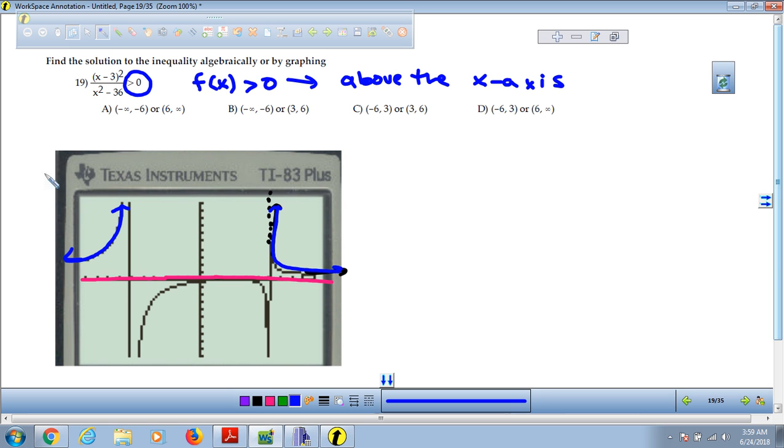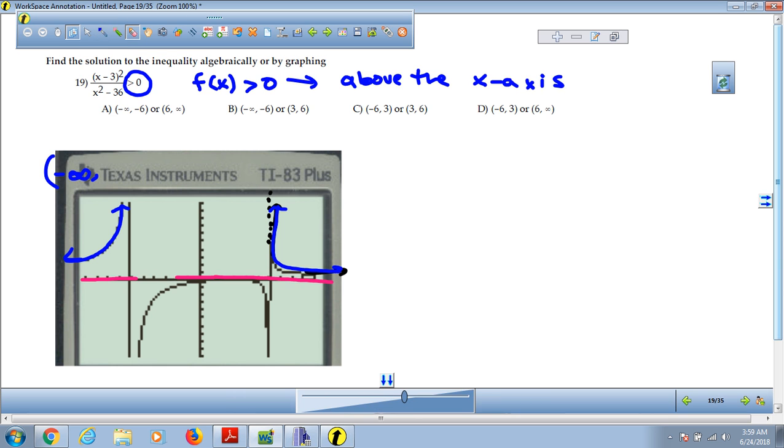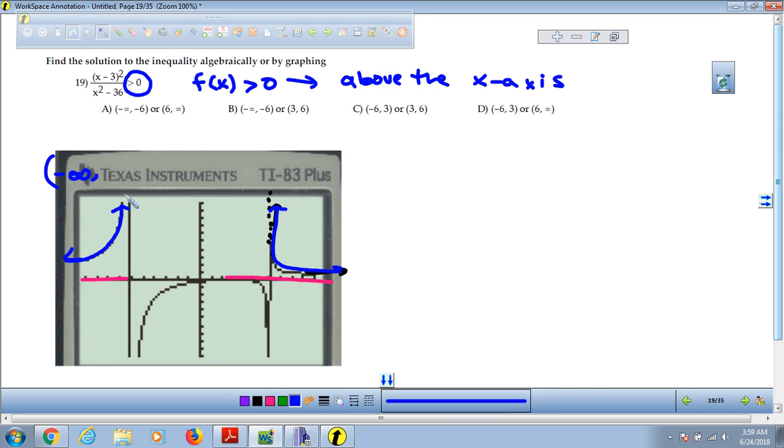So this piece from left to right is above the x-axis. So this is from negative infinity up to what number would this be? As always, I was writing on top of the numbers, so now I cannot count. 1, 2, 3, 4, 5, 6. So negative 6 kind of looked like that, but I wasn't too sure.